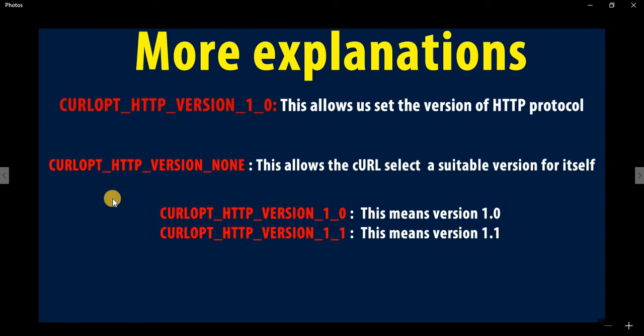Okay, and this is CURL_HTTP_VERSION_NONE, which is going to select a suitable version of HTTP that it wants to use. That's just what this is going to do. Just any that is suitable, if it is version 1.0 or version 1.1, it is going to make use of that, assign it to itself and move on.